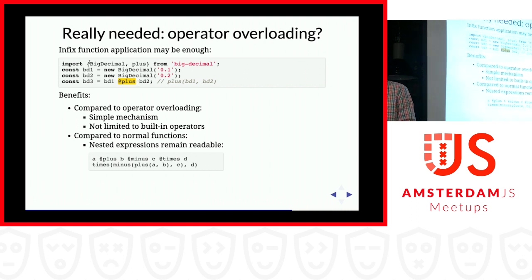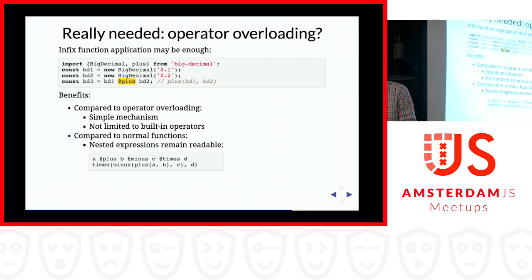And here, for example, what if you implemented big decimal via a library, and here we created 2 big decimals, and we're adding them, and here we just apply the function infix. So it's not this prefix way of applying the function.